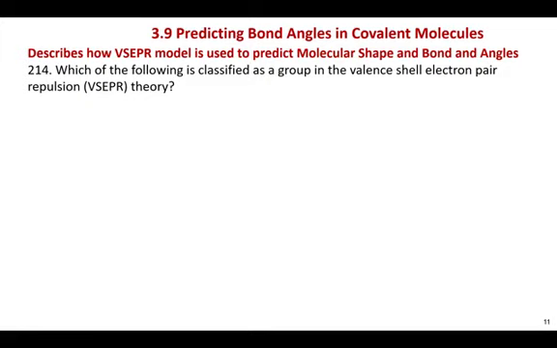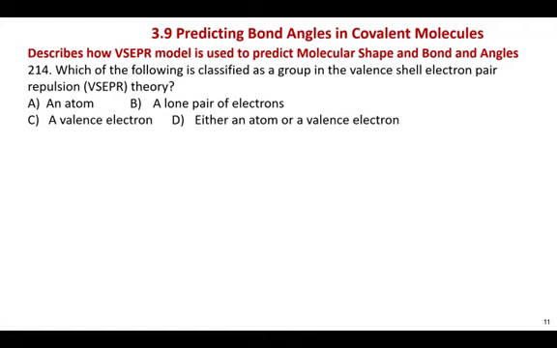A valence electron? We don't talk about valence electrons individually. One of the groups is lone pairs. I didn't see the "either an atom or lone pair" option. We look at the atoms also. I didn't understand the question.